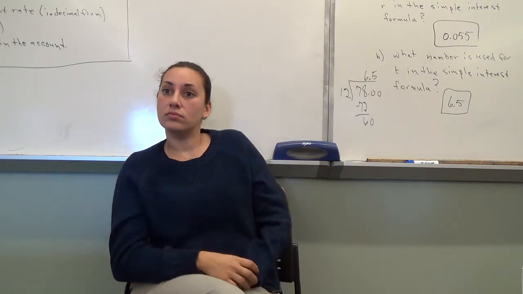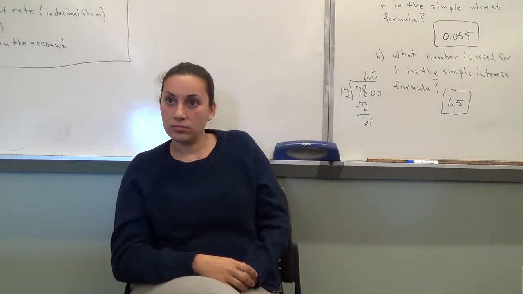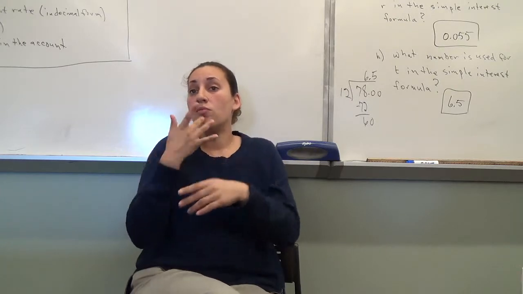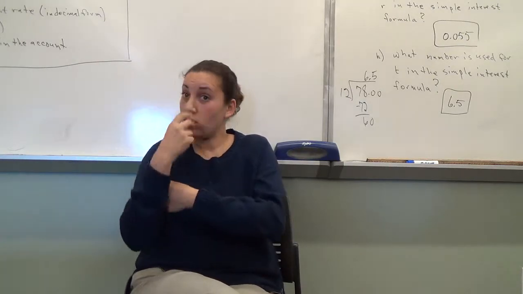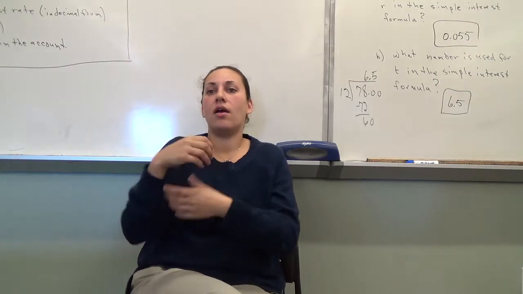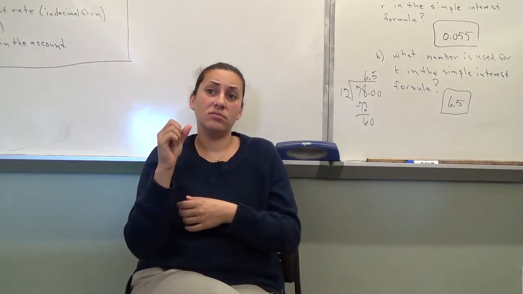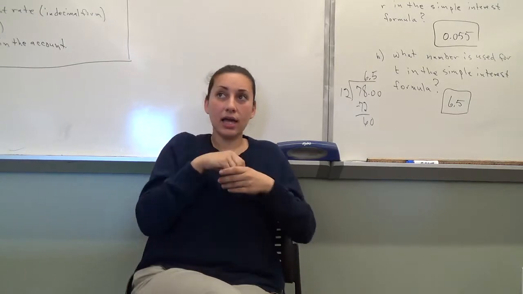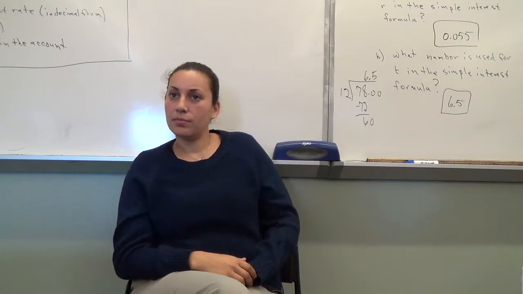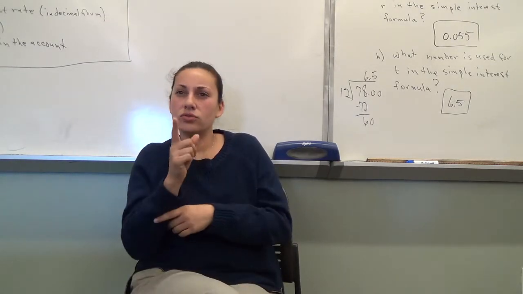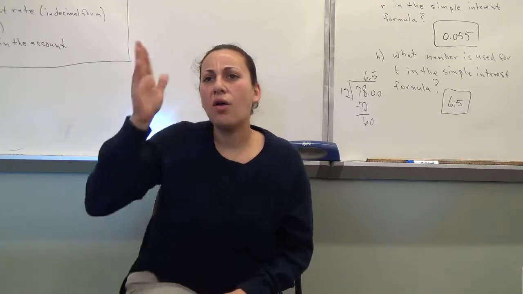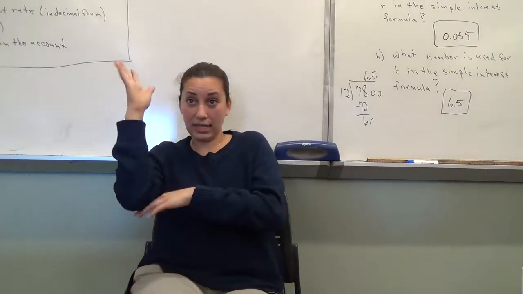Then we're going to have 1 plus the rate in decimal, 0.05, over N, which is annual, once a year, and then over here we're going to have N times T, so it's going to be 1 times 3 again. So we're going to have 2,000 times 1 plus 0.05 raised to the 3rd power.